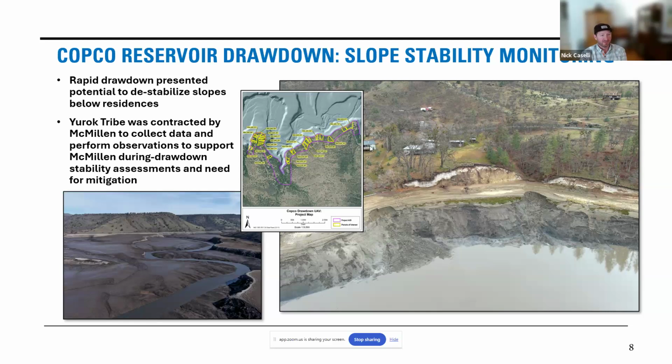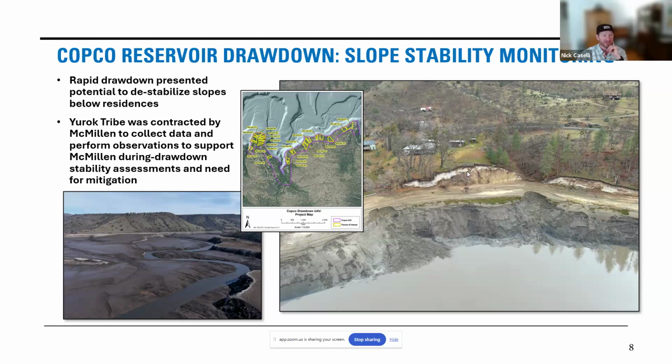And basically, some of the residents were given the option to self-evacuate during drawdown. Some elected to do so. I would say most of them stayed. But the concern, well, really there are two concerns. So one is that there's a sediment layer, old lake deposits of kind of like a diatomaceous earth of sorts.